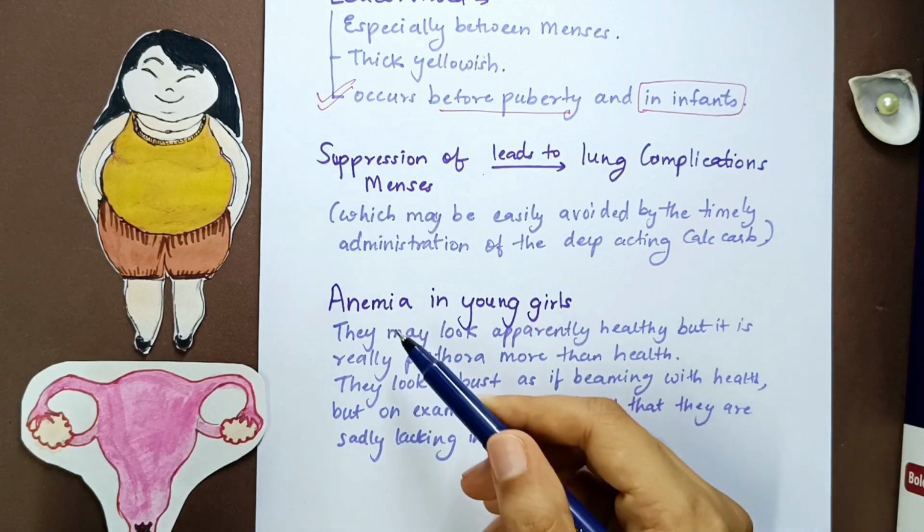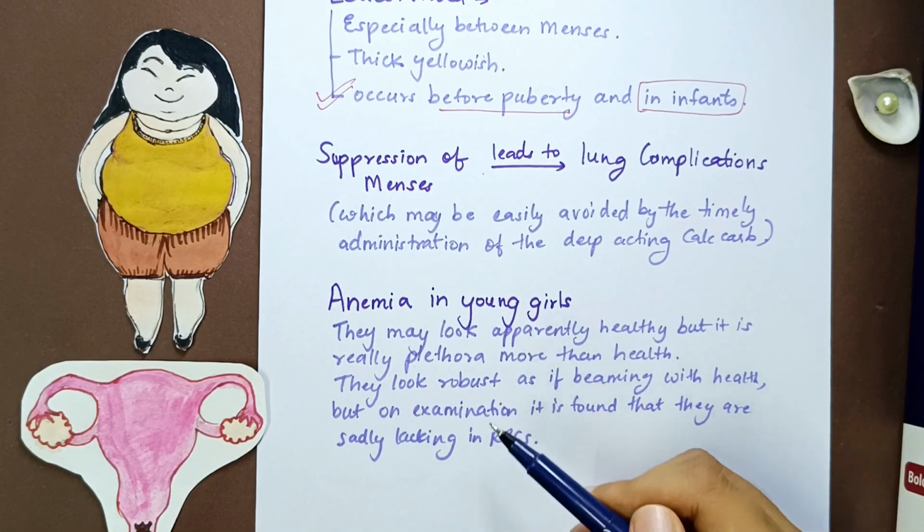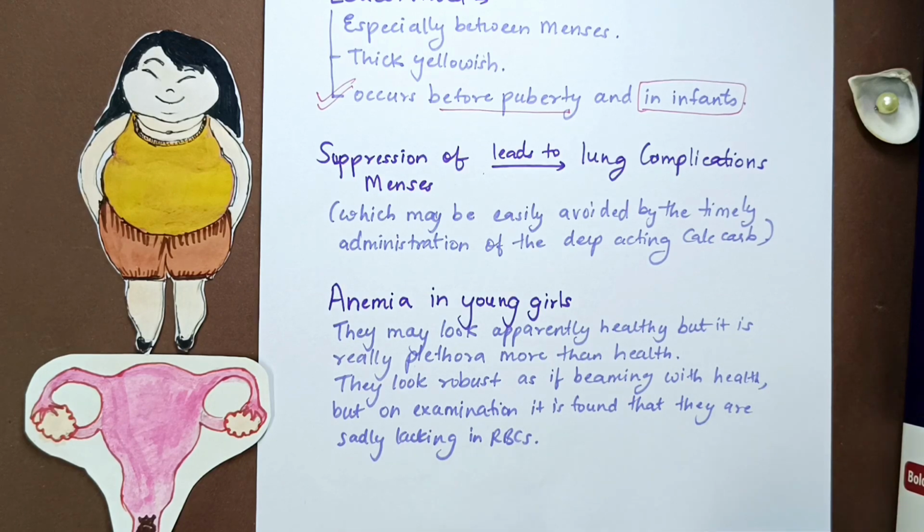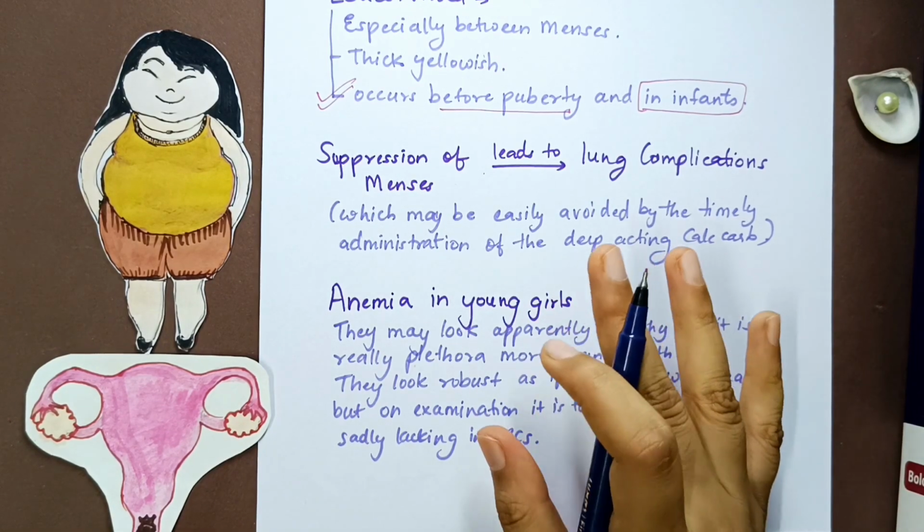So you'll find this anemia in this patient also. Even if they look robust, hale and hearty, and very healthy, even if they look as if they are beaming with health, but on doing their blood tests, it is found that they are sadly lacking in RBCs. So that is how there is anemia in young girls in Calcarea Carb.